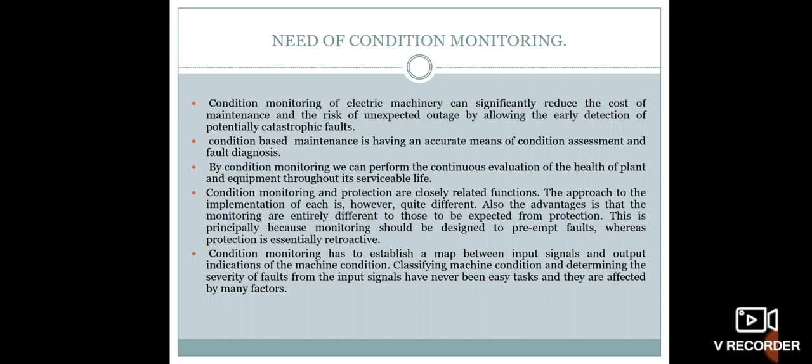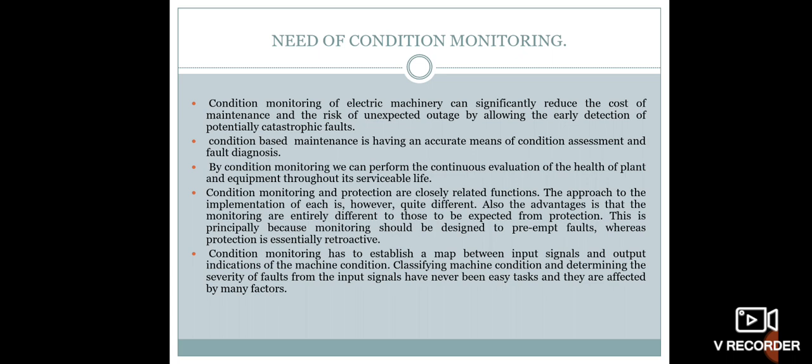The second point is condition based maintenance is having an accurate means of condition assessment and fault diagnosis. The next point is by condition monitoring, we can perform the continuous evaluation of the health of plant and equipment throughout its serviceable life.